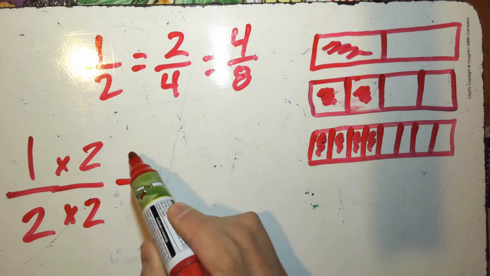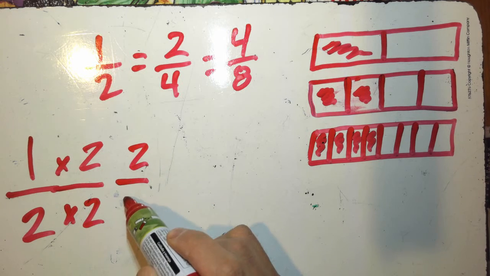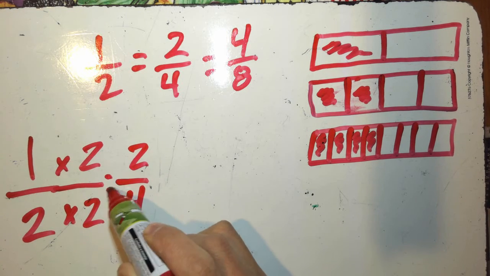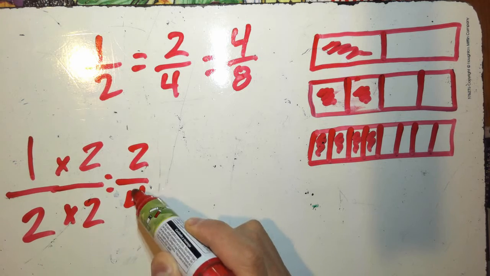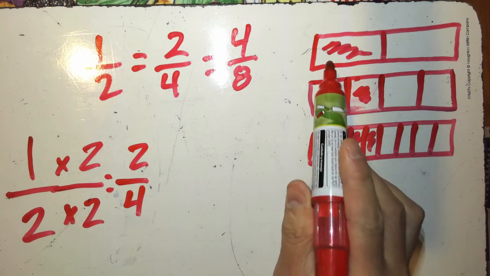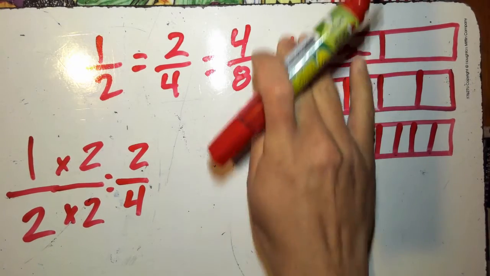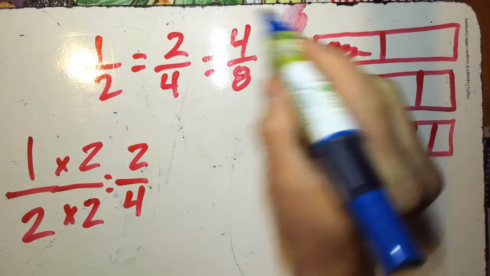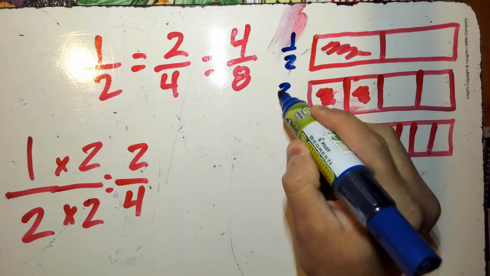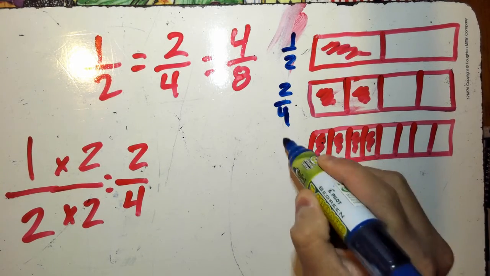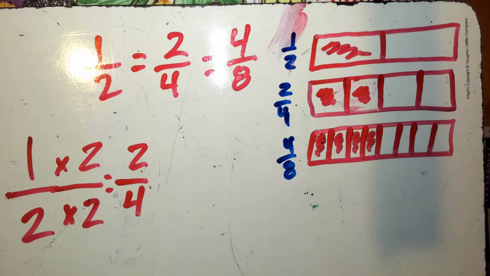So 1 times 2 is 2, and 2 times 2 is 4. So now we know that 1/2 is equal to 2/4, which we already saw up here, and then we demonstrated it again over here. 1/2, 2/4, and then 4/8.